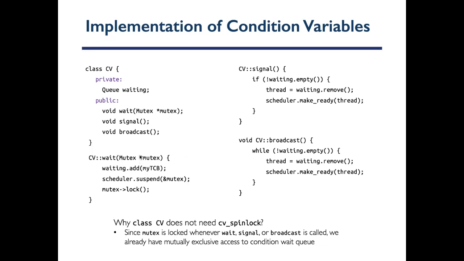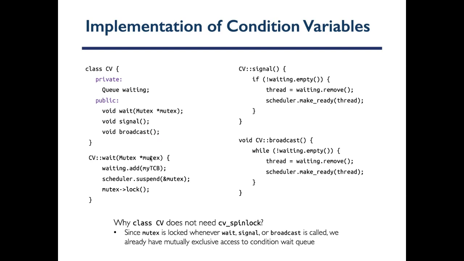This condition variable is defined in the context of a monitor, and that monitor includes one mutex and a bunch of condition variables. So that one mutex in your monitor, which you pass through this wait where you're calling wait, means that you have already locked that mutex.